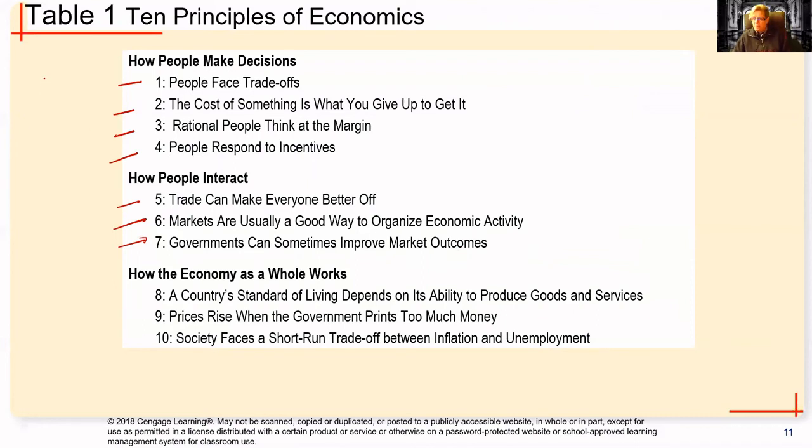For macroeconomics, we talk a lot about people facing trade-offs, a little less than micro. We talk about opportunity cost, not so much 3, a little bit of 4. We do talk about how trade can make each other better off. We don't talk so much about markets, and we do talk with a slightly different slant about how governments can improve outcomes. We spend a lot of time on these trends that affect the overall economy.